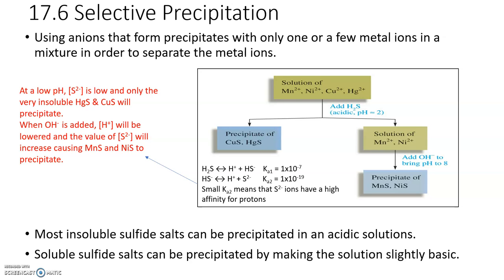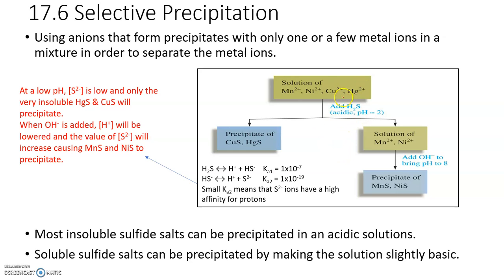So for example, if I give you a solution that has manganese, nickel, copper, and mercury in it, and I want to try to separate all of those ions out into their respective precipitation. So to do that, we're going to employ what's called selective precipitation. So we're going to be adding various compounds that will selectively, given the name, precipitate certain things.